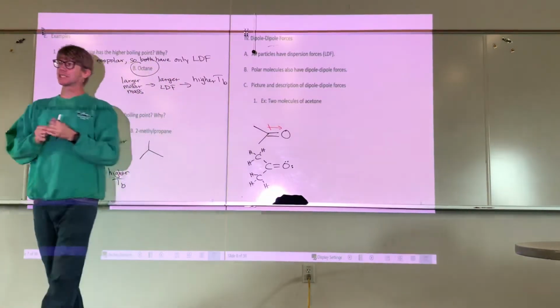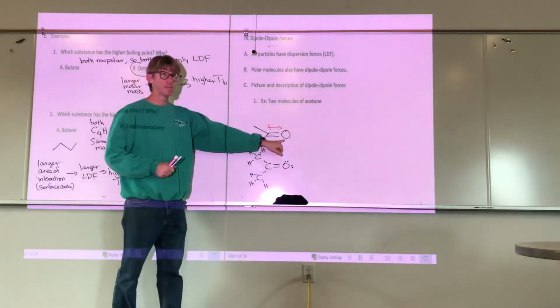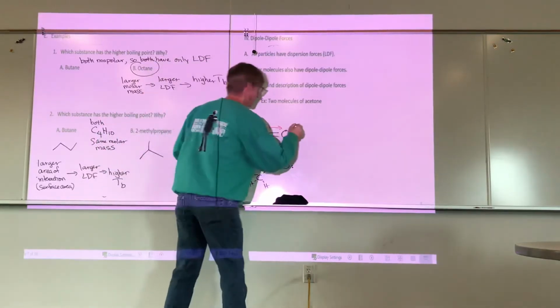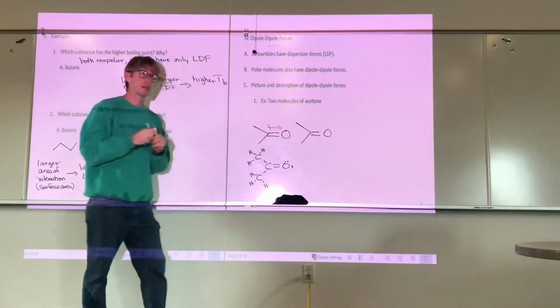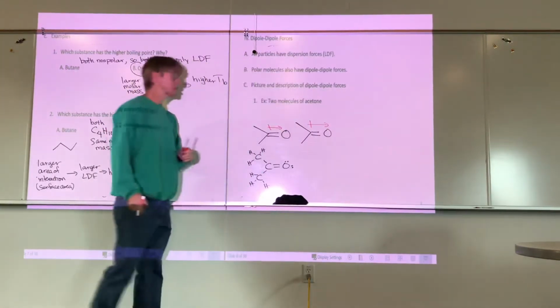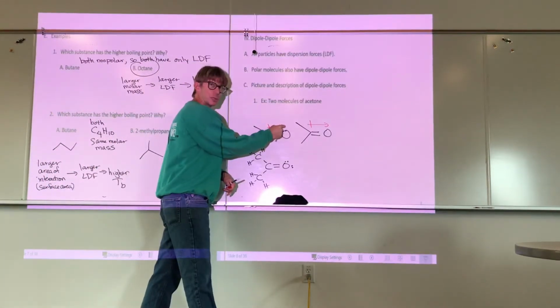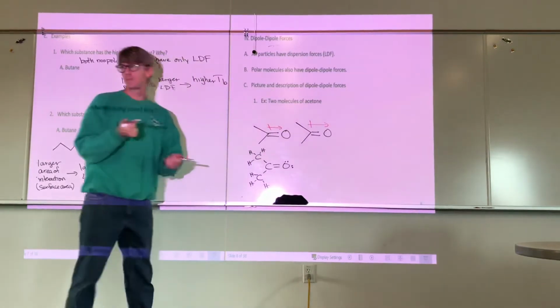Dipole forces say that the partial negative portion of one is attracted to the partial positive of the other. There are a couple different ways to show that, but my idea here is the negative portion of one dipole is close to the positive portion of another.